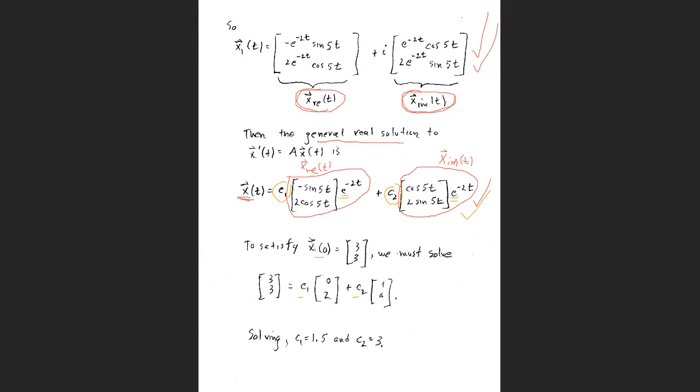So how did I get these vectors? How am I getting, for instance, 0, 2?